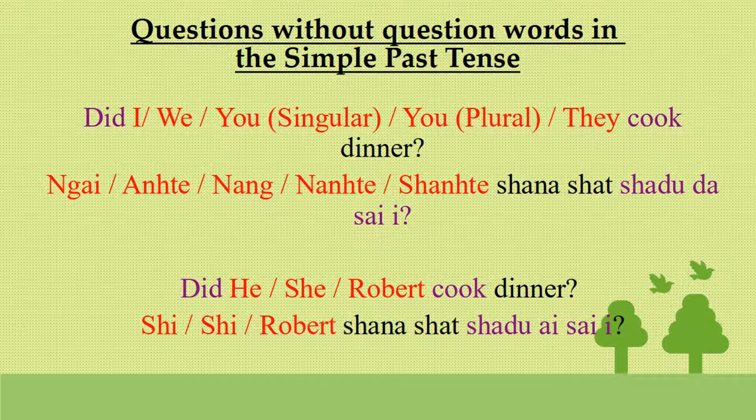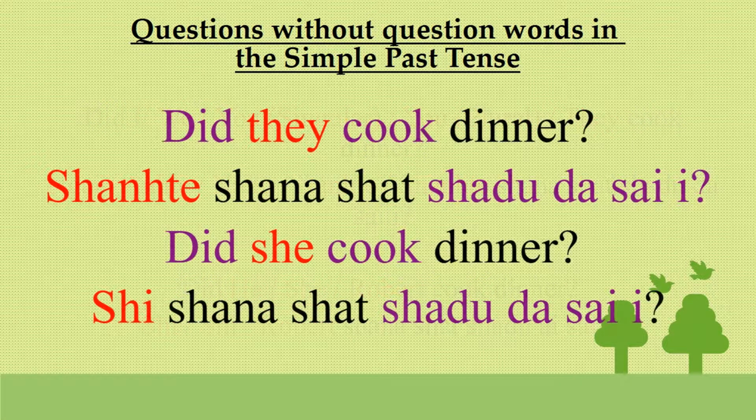In Kachin Jinghpaw, Ngai shana shat shadu da sai E. In Kachin Jinghpaw, this E is a question. So you have to ask shadu da sai E. Did they cook dinner? In Kachin Jinghpaw, Shanhte shana shat shadu da sai E.